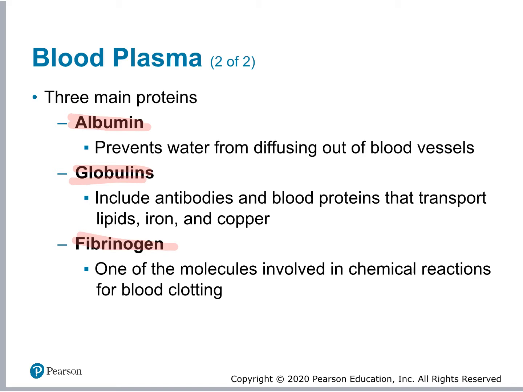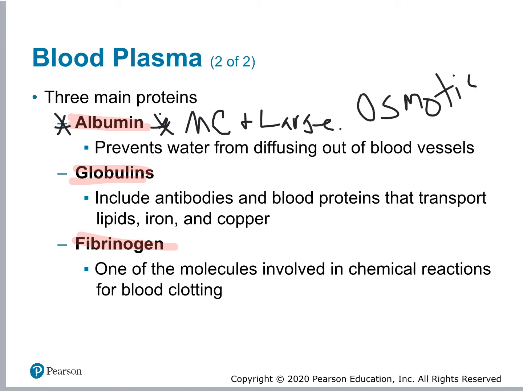Albumin, if I put a little star by it, is going to be the most common of the plasma proteins. It's also the largest, so it's most common and largest. This is a little bit of a physiology lecture thing, but albumin is so large it creates what we call osmotic pressure.